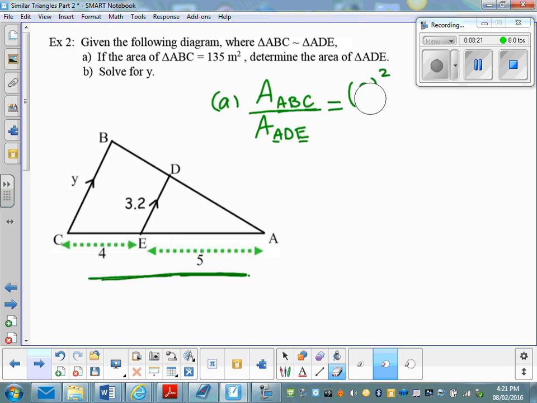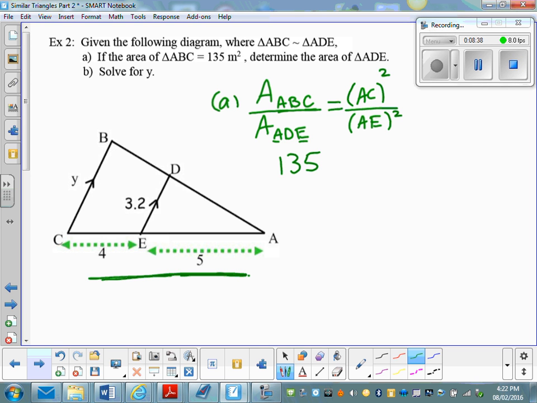So AC is the whole side, so that's going to be 9 squared on the top. Actually, I'll write the letters in there first. So I'm going to use AC, so it's going to be AC squared. And then on the bottom, it's going to be AE squared. So it is helpful to write that down first so you don't mix things up. We know the area of triangle ABC is 135. We're trying to find the area of triangle ADE. AC is that whole side, that's 9.